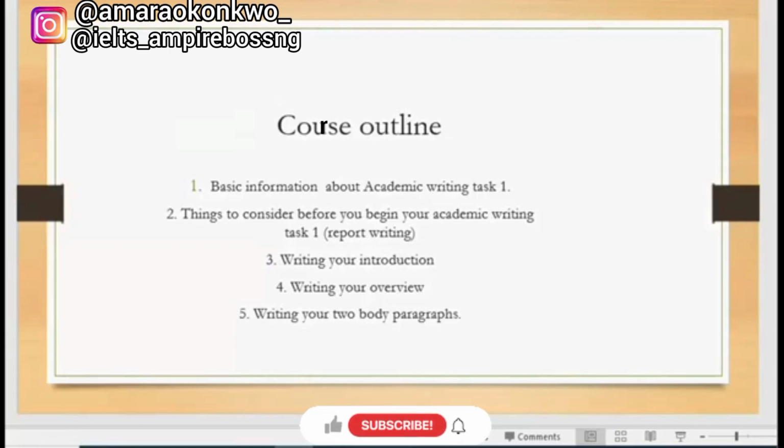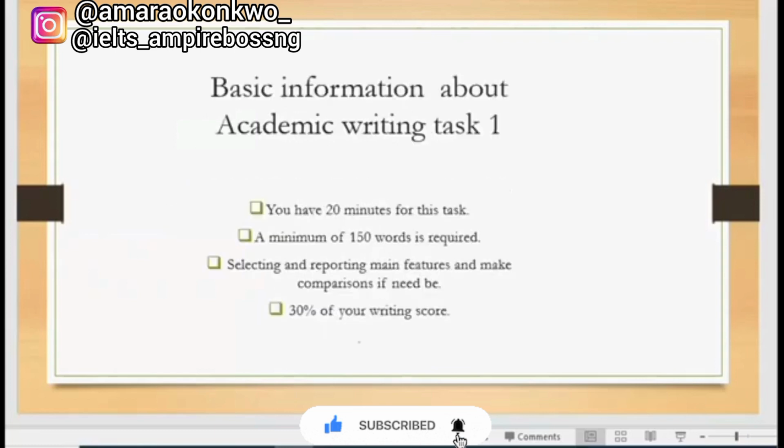I call it report writing. Then we're going to teach you how to write your introduction, how to write what is called an overview, and then how to write your 2 body paragraphs. As we go through the different sections, you get to understand why we are talking about 2 body paragraphs, an overview and then an introduction. So let's begin right away.